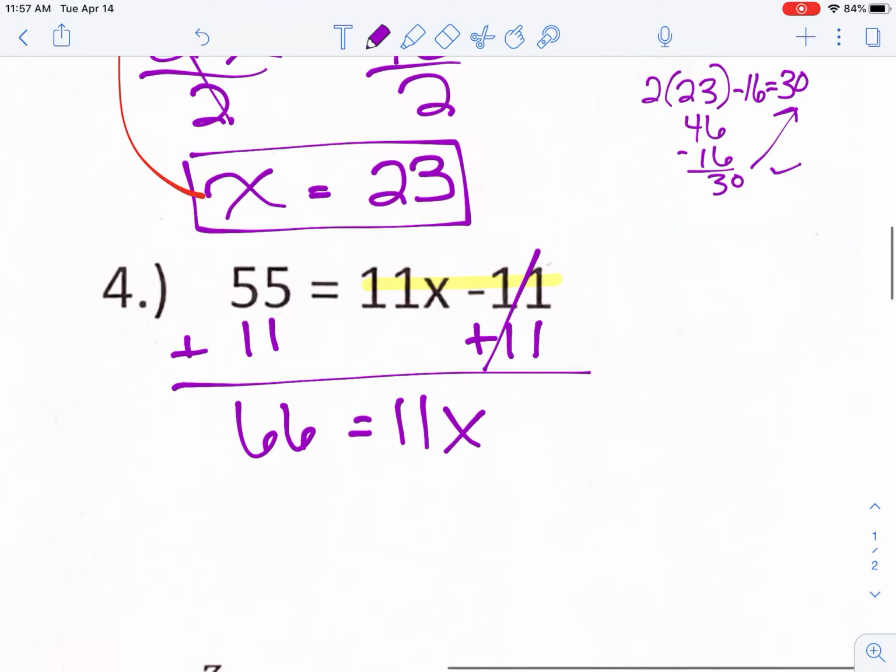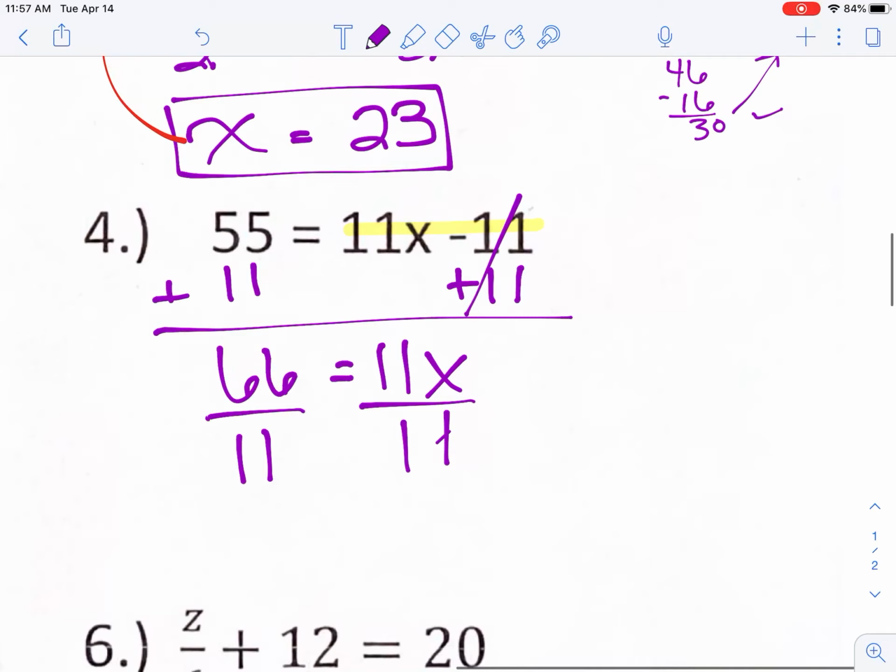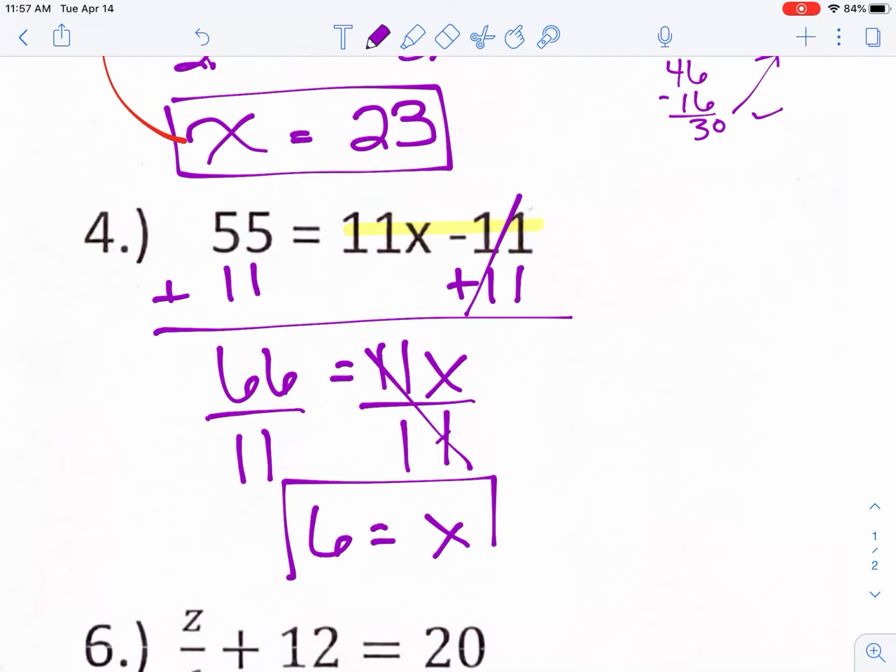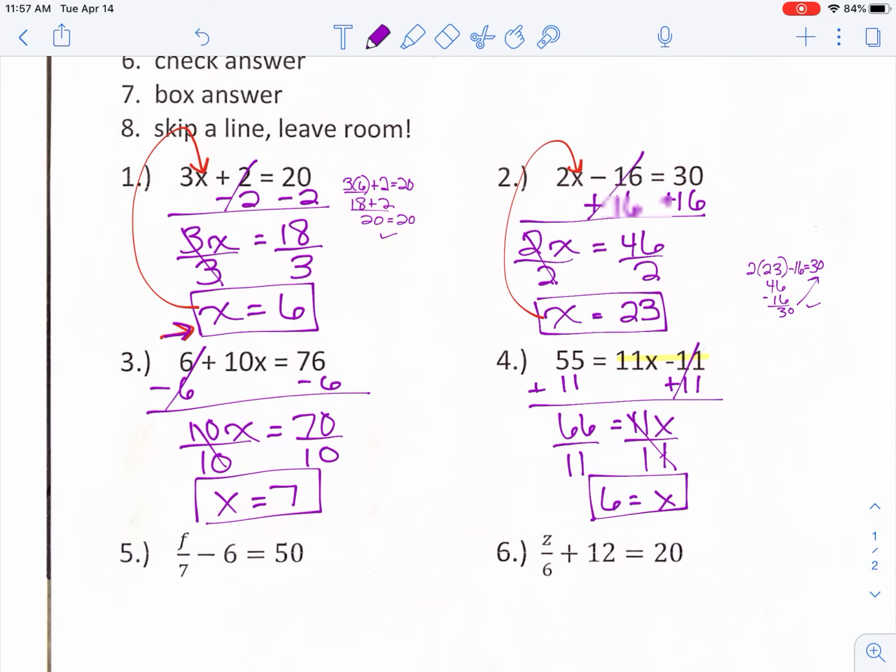And 55 plus 11 is 66. And again, the objective is to get the x by itself. So on the right, it says multiply by 11, so I'm going to do the inverse and divide by 11. 11 divided by 11 is 1x, and 66 divided by 11 is 6.